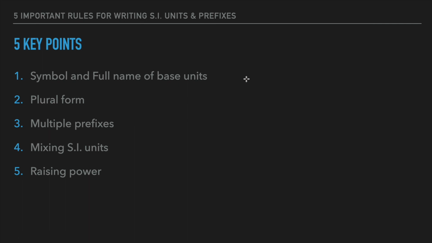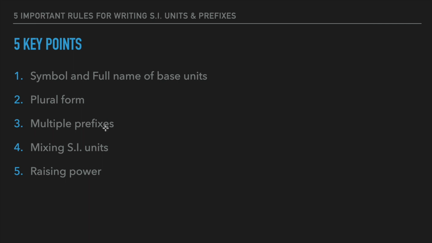Now, 5 key points here. What are the 5 rules? These are the 5 key points I wrote down for you. First is the symbol and full name of base units. The second is the plural form, which also goes with the symbols of SI units and prefixes.